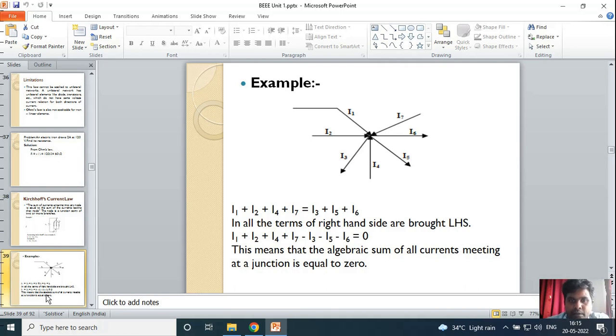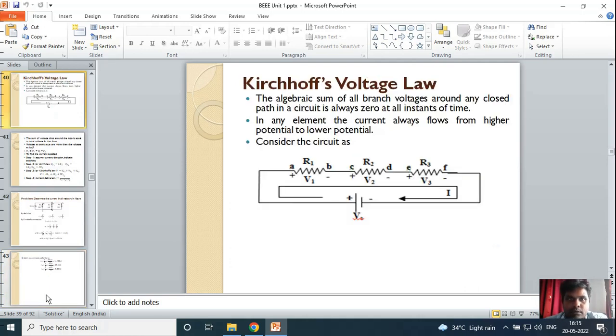Next one, Kirchhoff's voltage law. The algebraic sum of all branch voltages around any closed path in a circuit is always 0 at all instants of time. Current always flows from higher potential to lower potential.